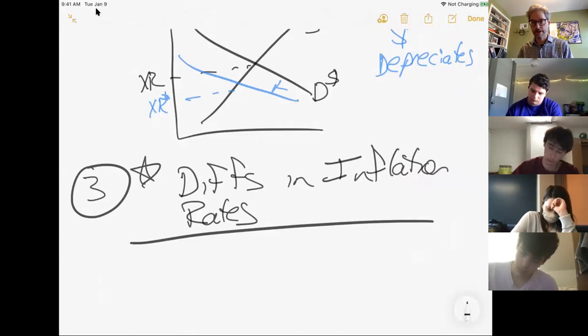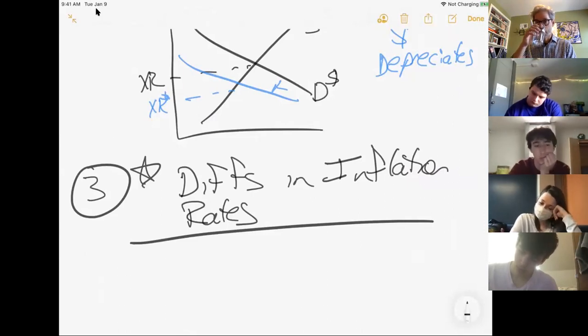Differences in inflation rates between countries play a big role in what's happening to exchange rates.